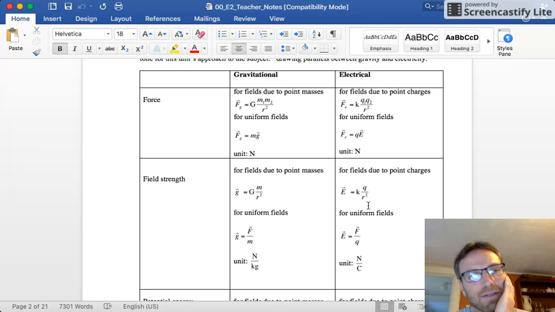The electric field strength equals KQ over R squared is a way to quantify your electric field strength in units of newtons per coulomb. It was a good application of algebra, and from a mathematical modeling perspective, that is a wonderful way to use algebra and develop your own equations.